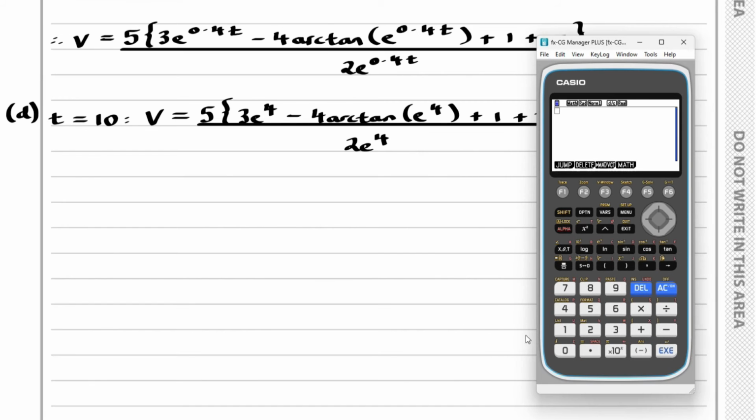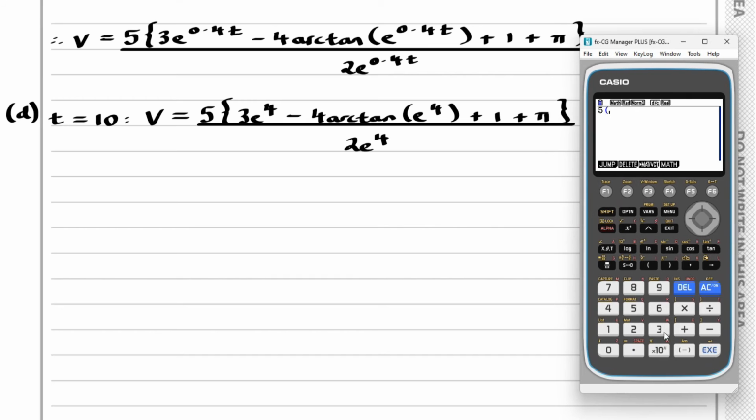Now, if we work all of this out using our calculator, we have 5 multiplied by 3 multiplied by e to the 4, subtract the arctangent of e to the 4, and then we add on 1, and then we add on pi, and then we will divide this by 2e to the 4.